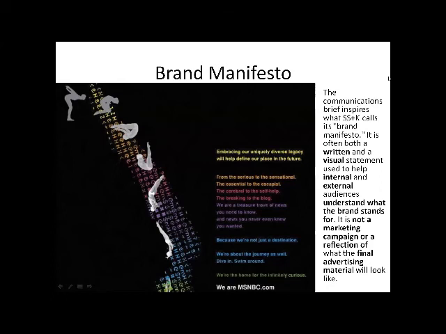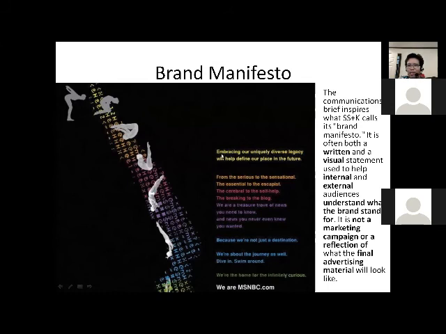Okay, so maybe you're not able to read the text in the brand manifesto, so I'm just going to read it out to you guys. It says: embracing our uniquely diverse legacy will help define our place in the future.